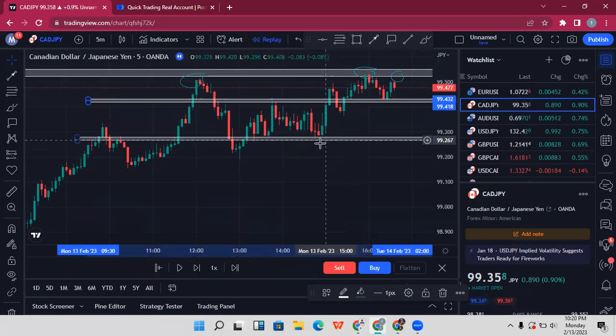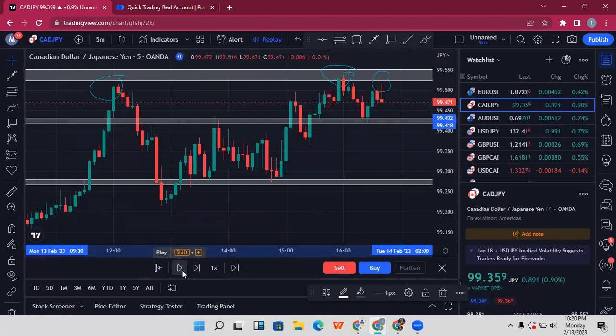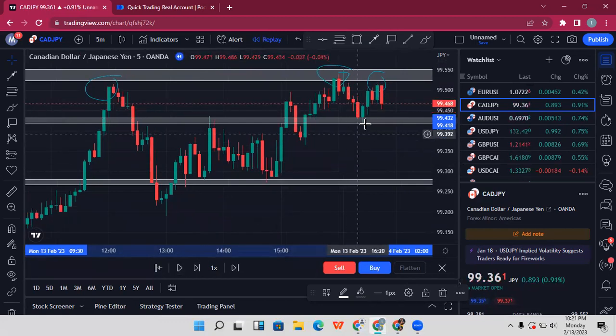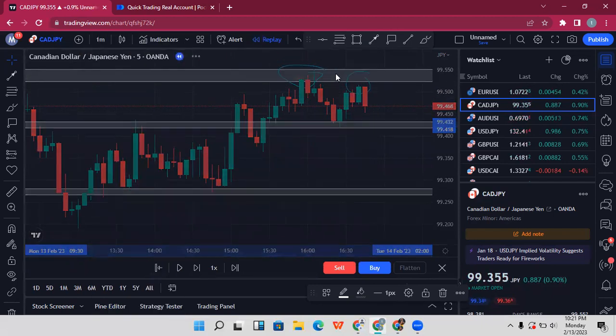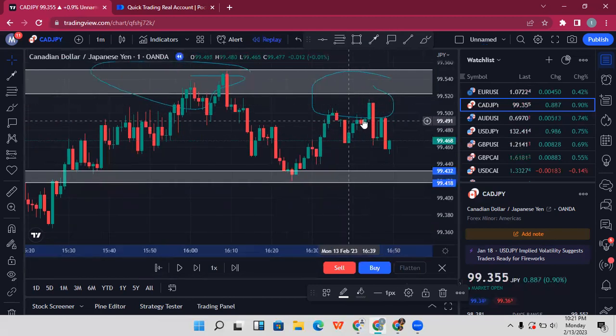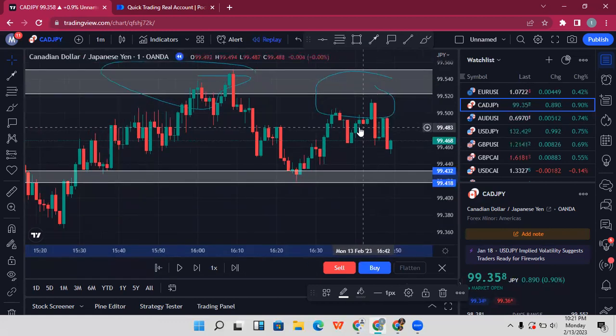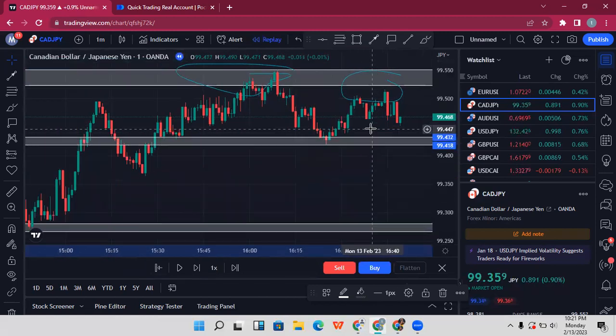So when price comes and touches this level, when price forms this candle and a red candle, you go to the 1 minute time frame and you can see on this zone what is exactly happening. You can see already on this zone, it is telling you that price is pushing down completely.